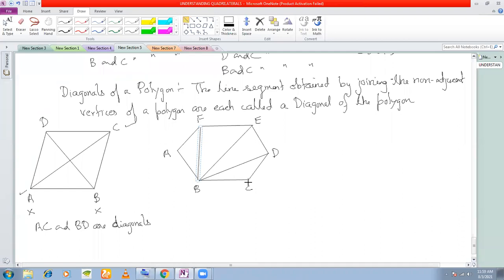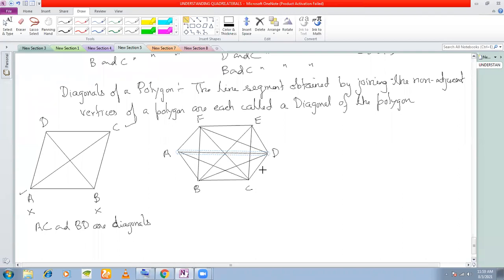Now, C is adjacent to B and D. What are the non-adjacent ones? C and E are non-adjacent. You join them, you get a diagonal. C and F are non-adjacent, you get another diagonal. C and A are non-adjacent, you get another diagonal, right? Any other diagonal? D and F if you join, this is one, right? D and A, you'll get another diagonal.